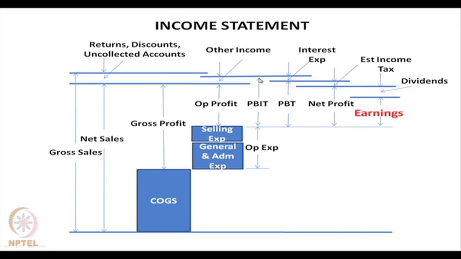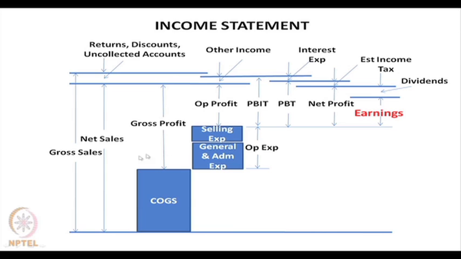From profit before interest and taxes, if we subtract the interest expense, then we get profit before tax. Profit before tax minus estimated income tax is called net profit. Look, this word net is used only here and not anywhere before with profit.